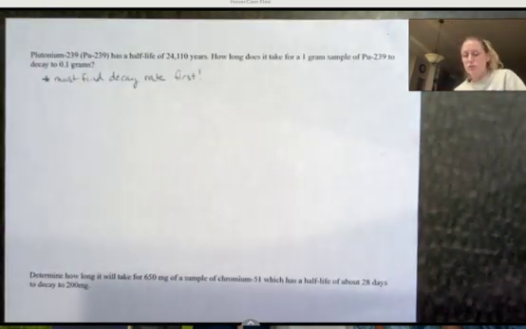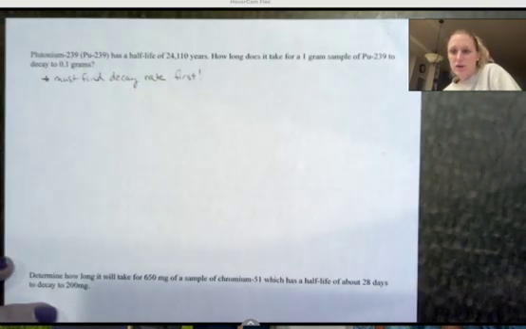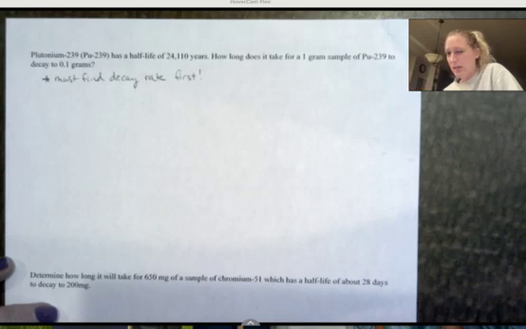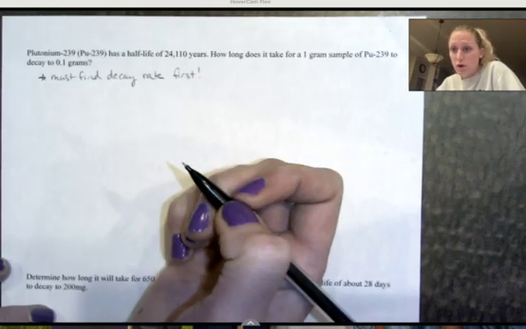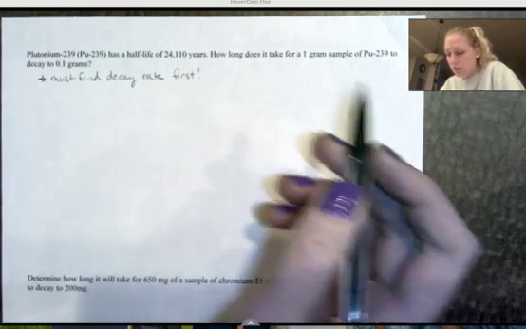So here's how we're going to do that. I'm going to use the half-life to help me. It actually doesn't matter what amount you use. I kind of like to think of percentages, but you can actually use any number you want. So I'm just going to use 1 for the sake of it. Let's say I started with 1 gram, this is what I'm starting with anyway in this problem.